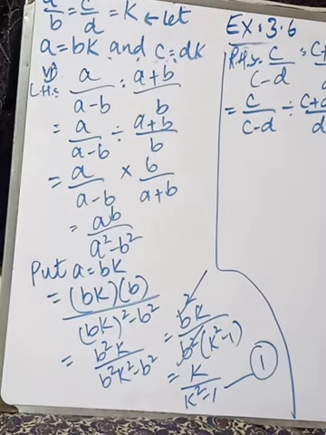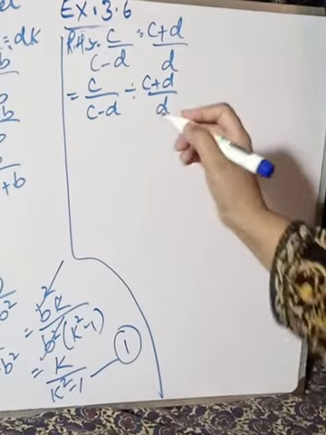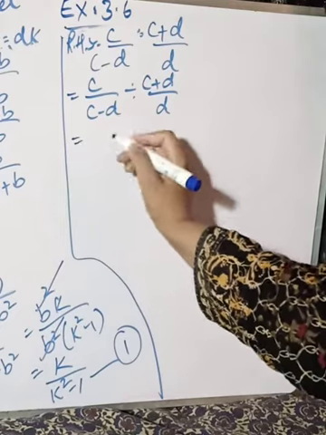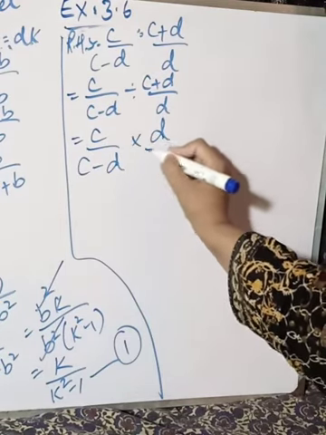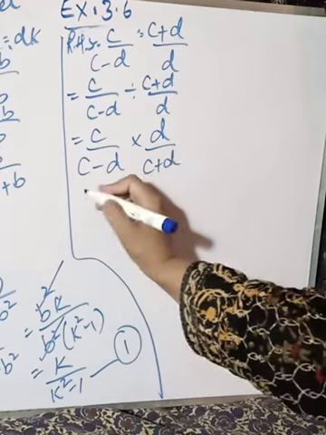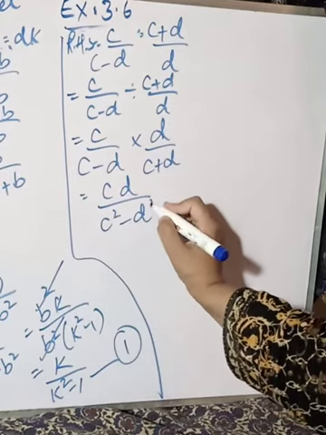Alright, c divided by c minus d multiplied by d divided by c plus d, and it can be written as cd over c square minus d square.